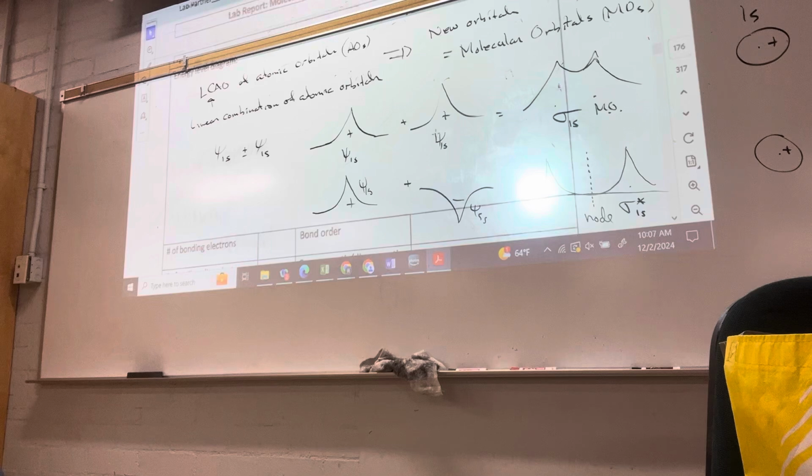The nuclei are here and there, and then the lobes are going to be repelling one another like this. And one characteristic of an antibonding orbital is that it has a node. That is a region of zero probability of finding the electron. And so that would be an antibonding orbital here.